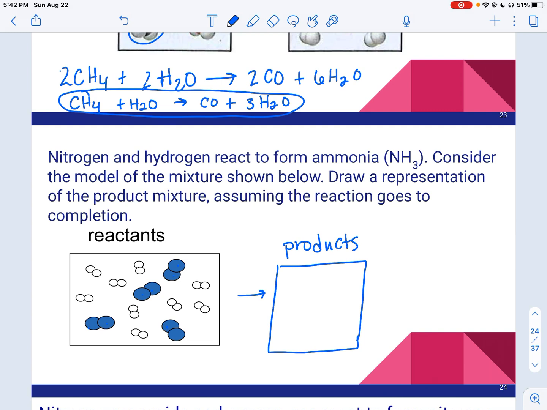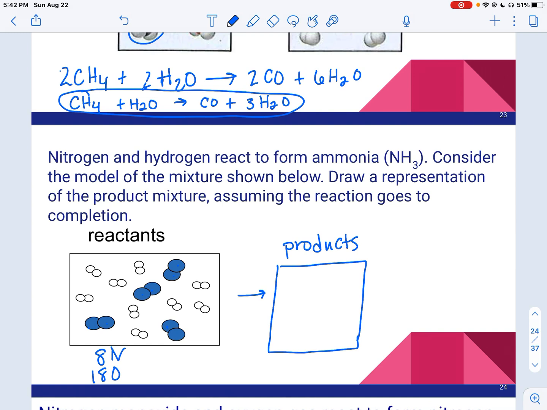We have nitrogen is the blue circles, hydrogen is the white. So we have 8 nitrogens and 1, 2, 3, 4, 5, 6, 18 hydrogens. So you can write out the equation, the chemical formula reaction if you want.